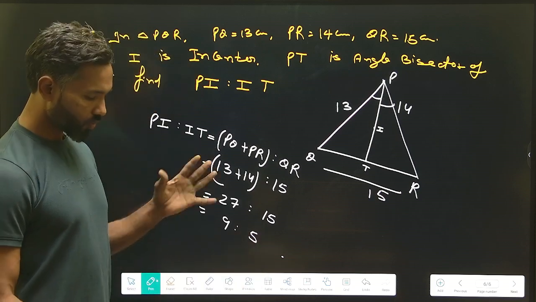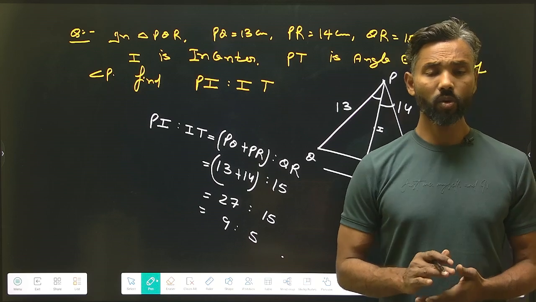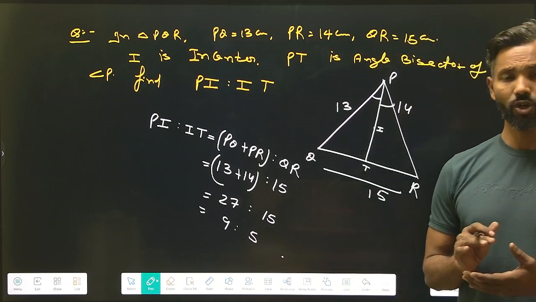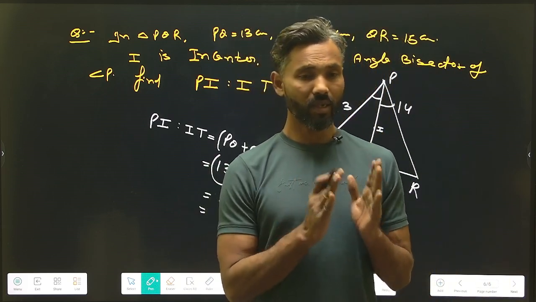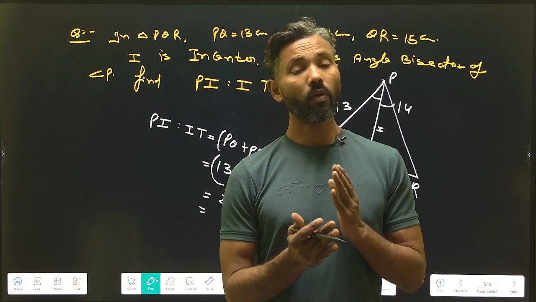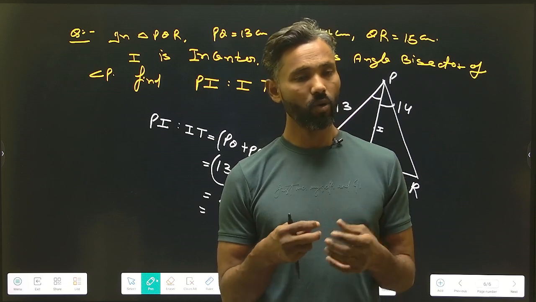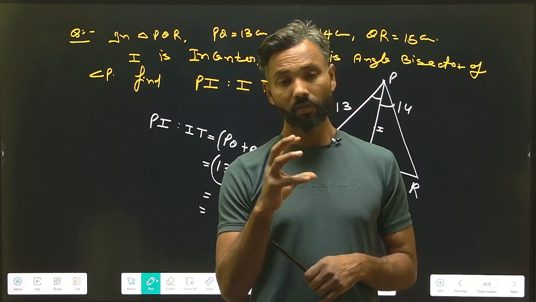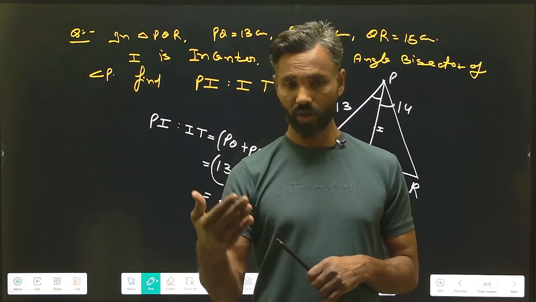So it was all about the Incentre. Now we have completed all the concepts and derivations related to the Incentre. In the previous session we discussed what is the Incentre, how we can find the Incentre in a triangle, and later how we can calculate the angle at the Incentre, that is 90 plus half of the opposite angle.